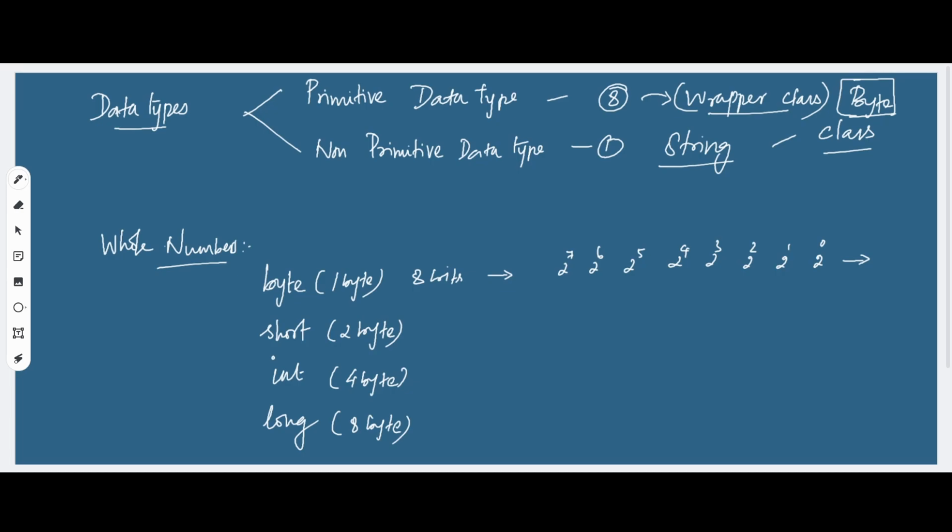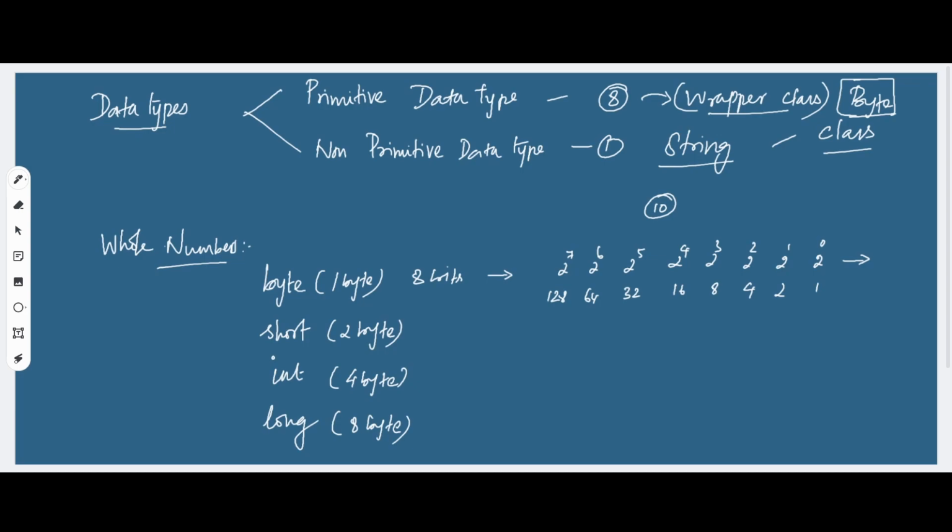Say for example, if you want to get the value 10, how will we specify it? Before that, I will tell you the value of each position. 2 power 0 is 1, 2 power 1 is 2, 2 power 2 is 4, 2 power 3 is 8, 2 power 4 is 16, 2 power 5 is 32, 2 power 6 is 64, 2 power 7 is 128.